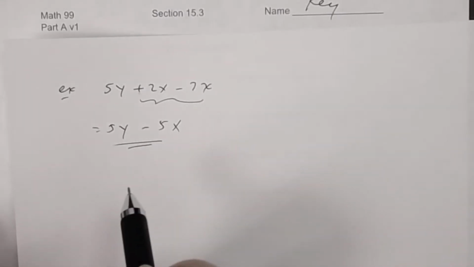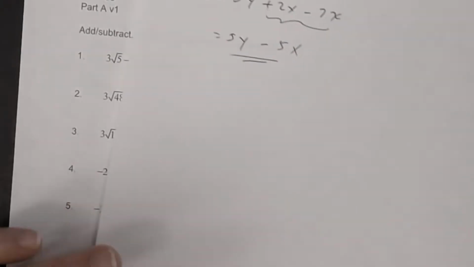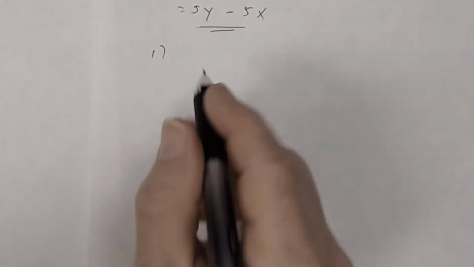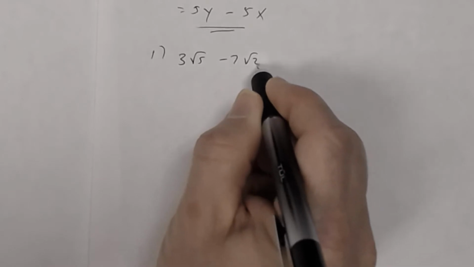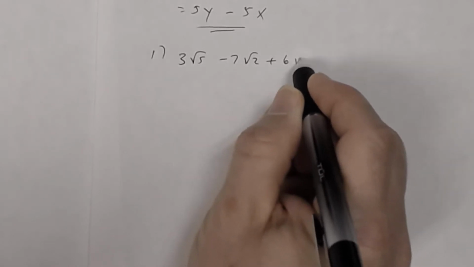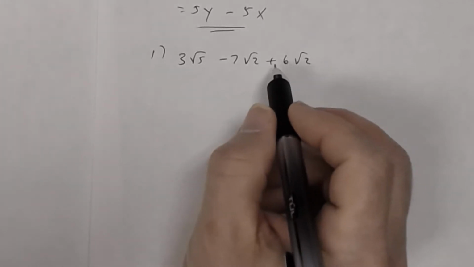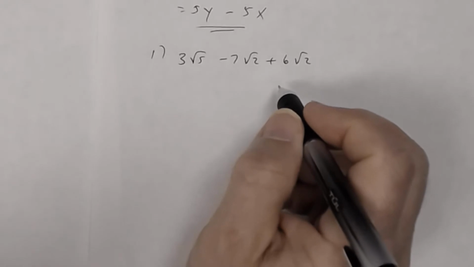Okay, the same idea applies here. So if you look at number 1, where you had 3 square root of 5 minus 7 square root of 2 plus 6 square root of 2, these are like terms because they're both square roots. The indices are the same, but in particular the radicands are the same as well.